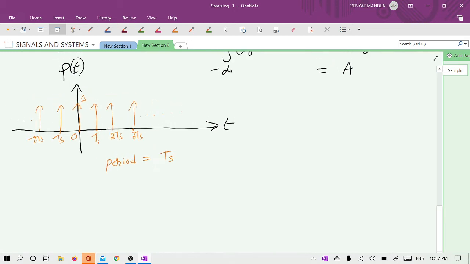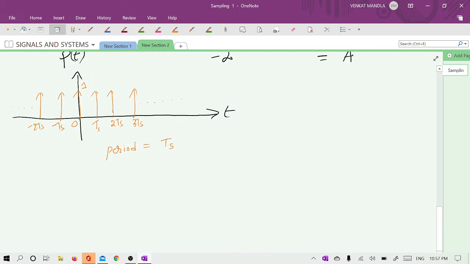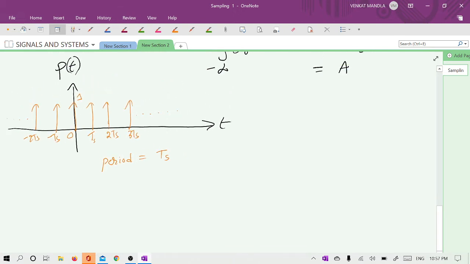So I want to find out its Fourier series coefficient, the continuous time Fourier series coefficient. Because p of t is periodic with period Ts, it has a Fourier series representation.